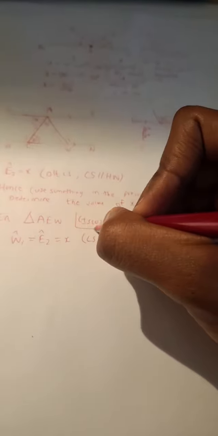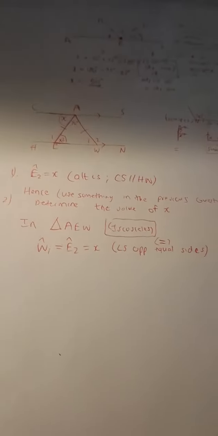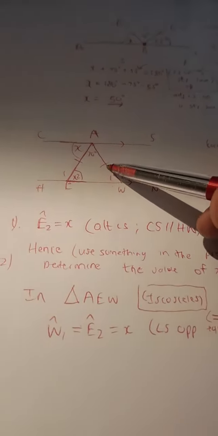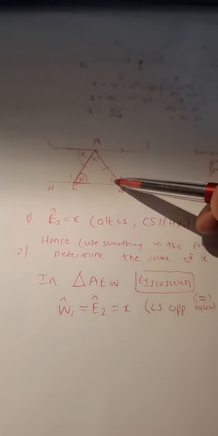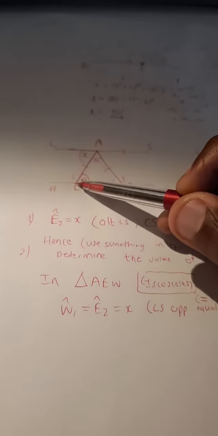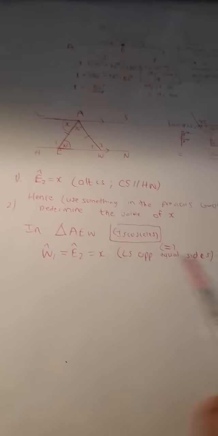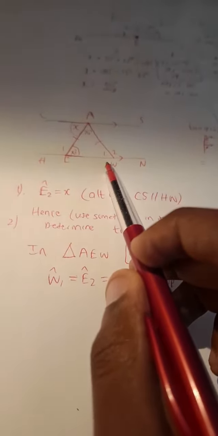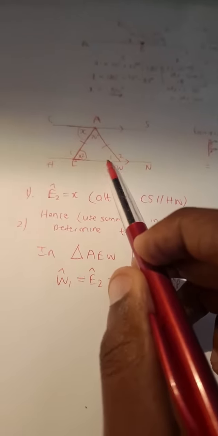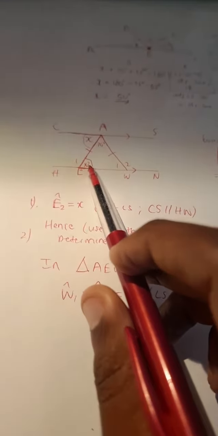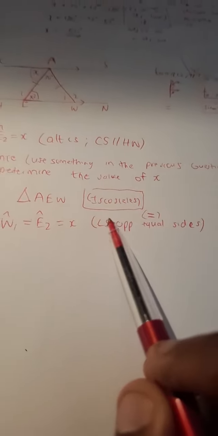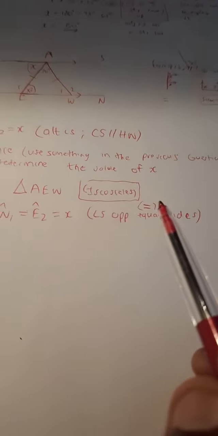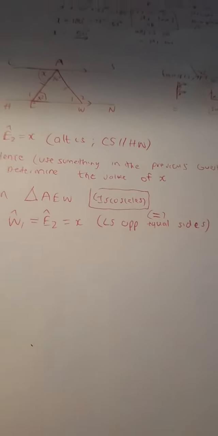But because we know it's an isosceles triangle, the minute we see that the sides are equal, it means those sides are opposite the angles that should also be equal. So therefore we say those two angles, angle W1 and angle E2, which are both x, are equal, and the reason is angles opposite equal sides.